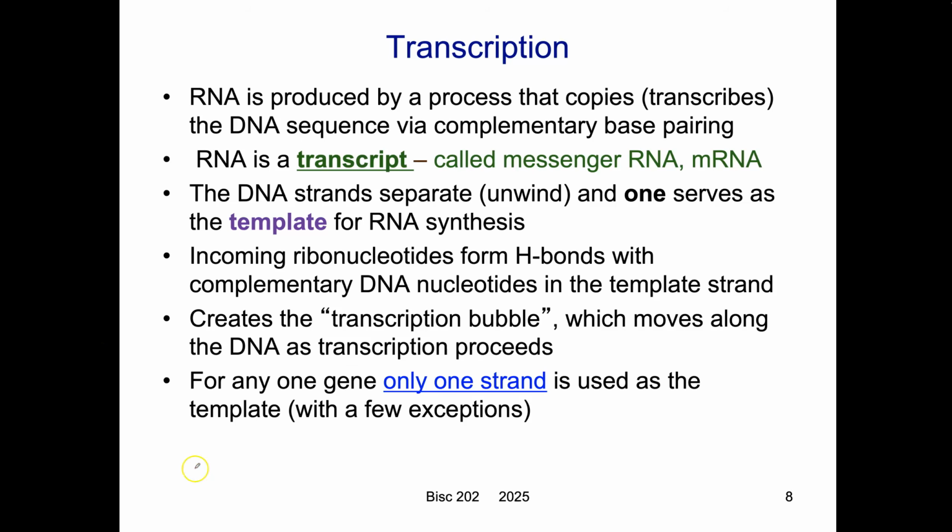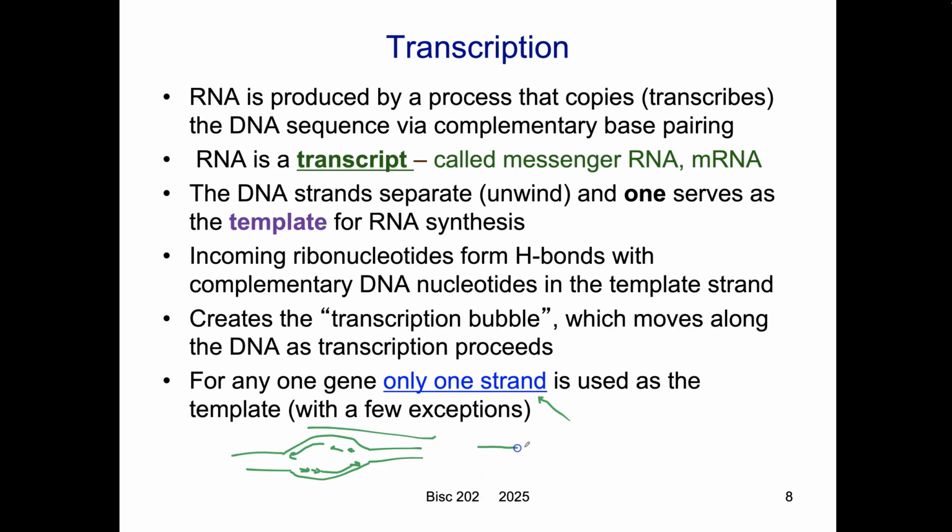There are, of course, always going to be a few exceptions, but for the most part, unlike the DNA replication process, when you have your replication bubble, this is a very bad diagram, but that's the idea, and you're producing new DNA on both of the strands, leading and lagging.